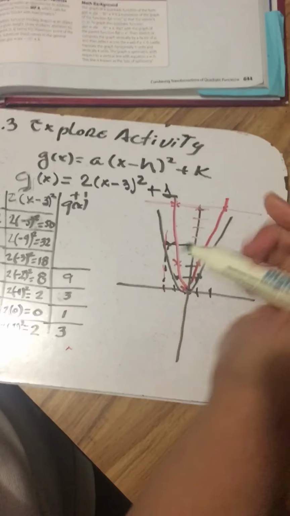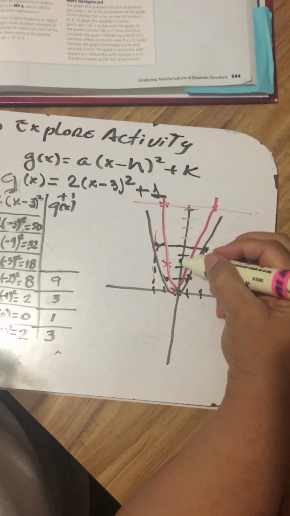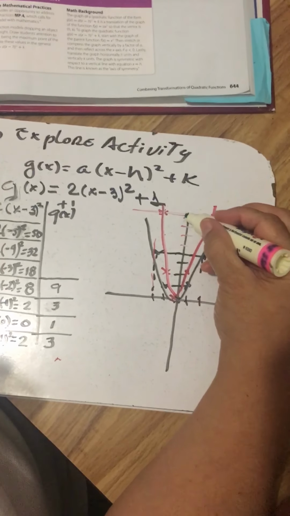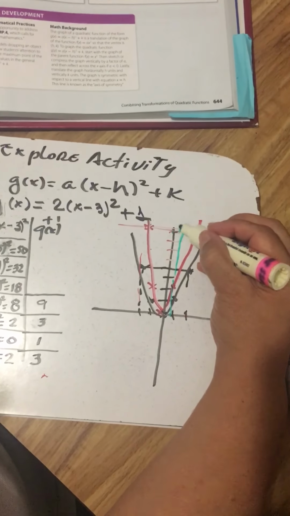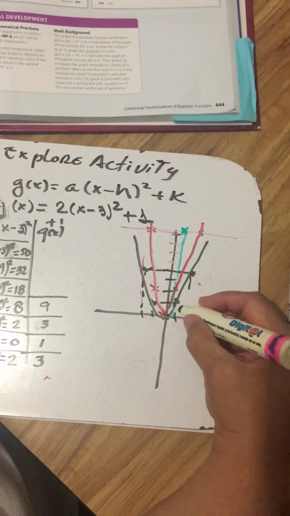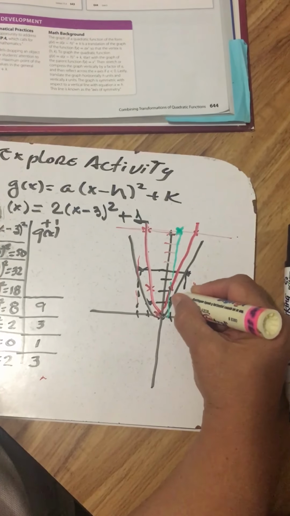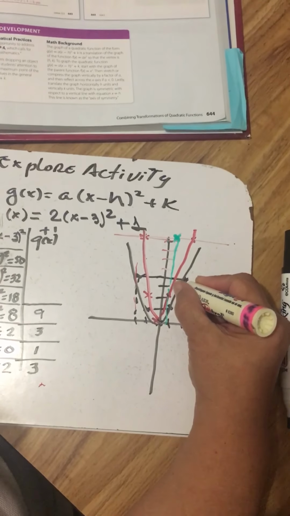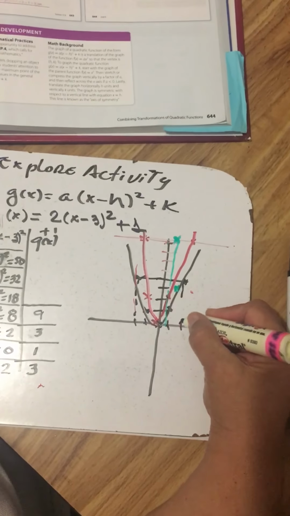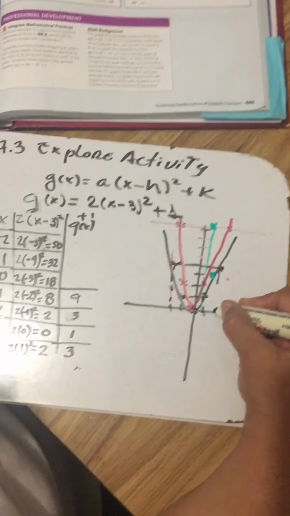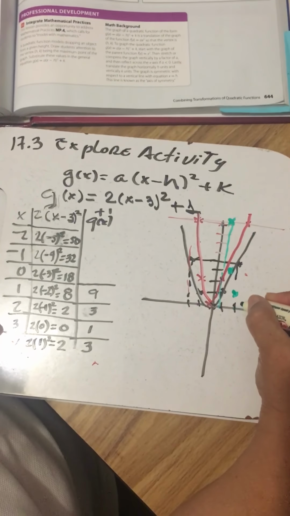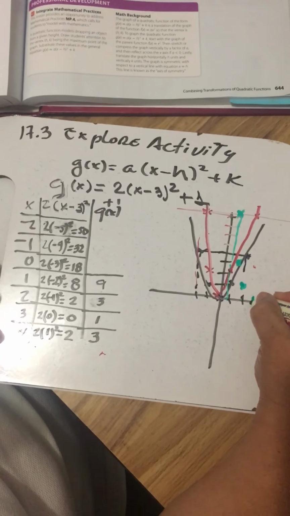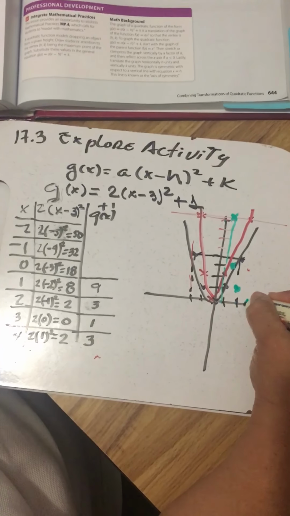Counting 1, 2, 3, 4, 5, 6, 7, 8, 9, we want the points 1 and 9, 2 and 3, 3 and 1, and 4 and 3.